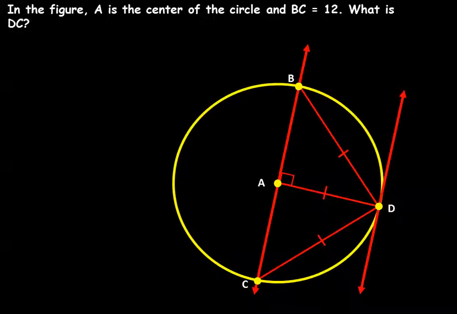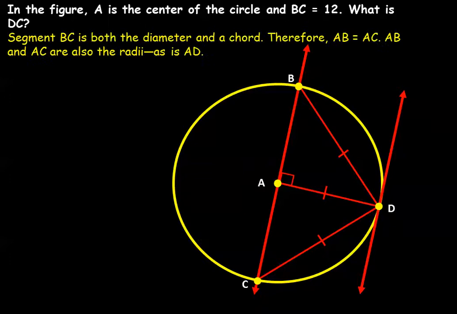So in this figure, A is the center of the circle and BC equals 12, and they want to know what DC is. Well, right here is B going all the way down to C. That's 12. Segment BC is both the diameter and a chord.